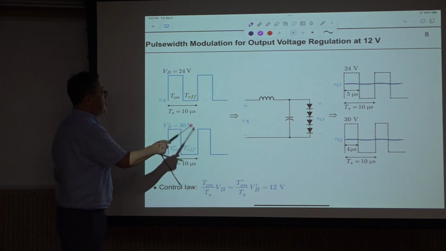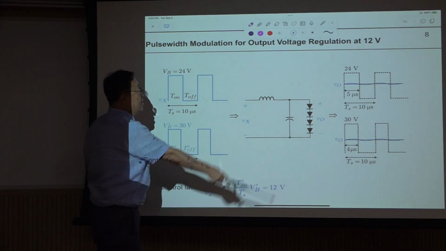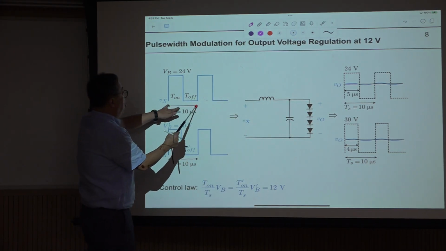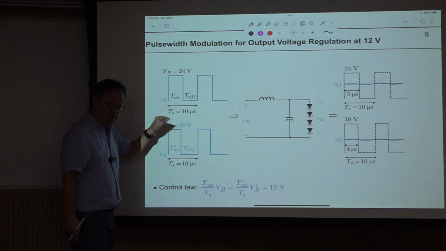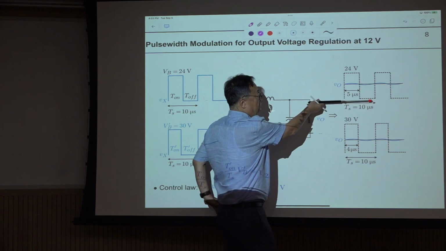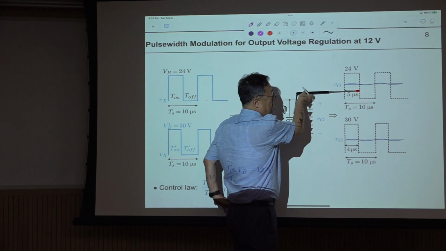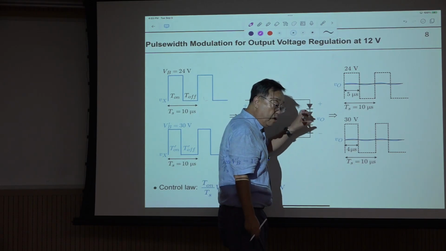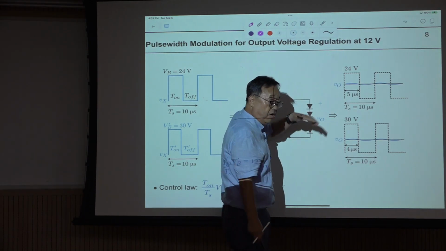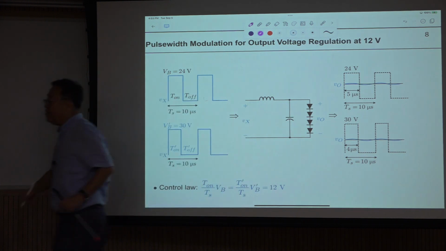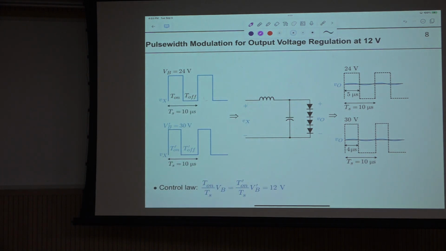So this output should be regulated at 12. Then the duty ratio of this should be 0.5 to have this. Okay. So suppose this is 10 microsecond, and this period is called the on-time period, because during this period, the MOSFET is turned on, the diode is turned off. Then this is obvious, so obvious.